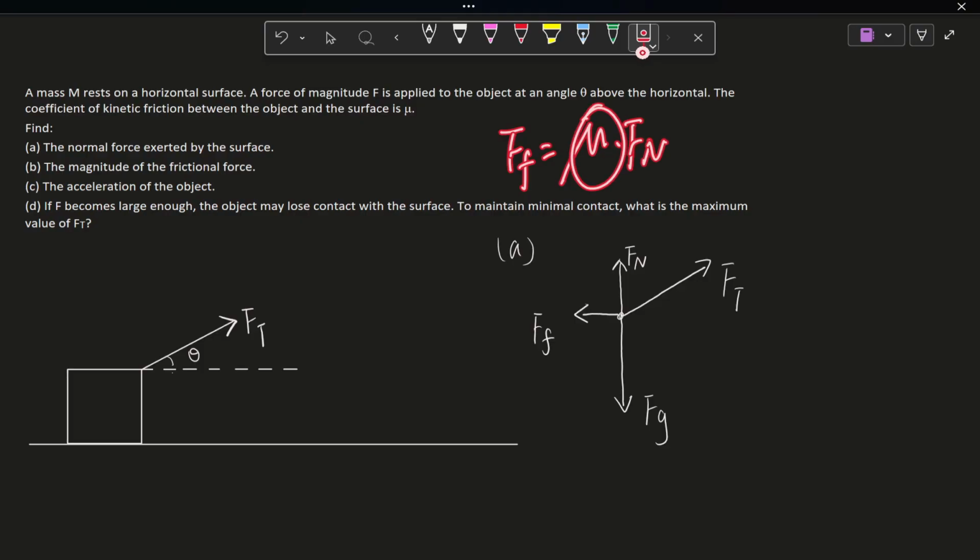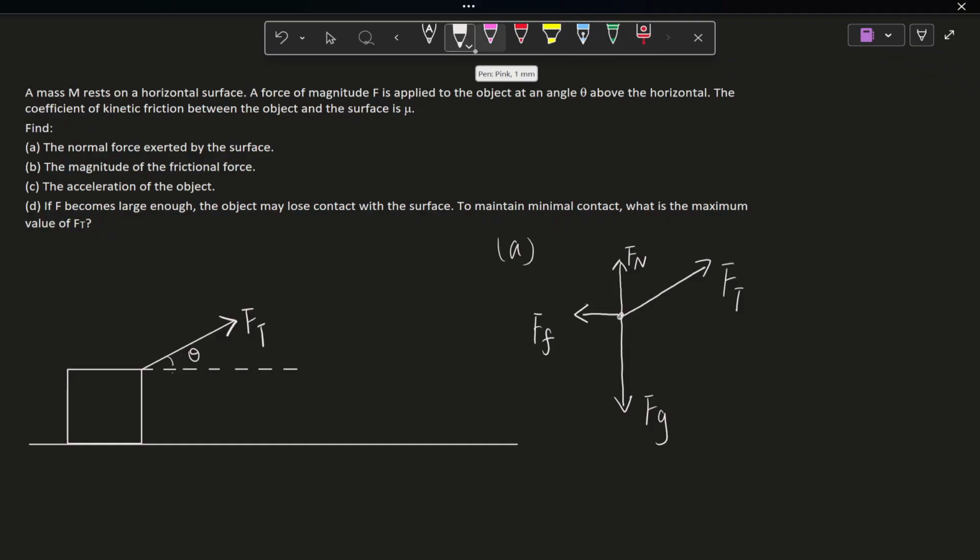And then mu will always be smaller than 1. So Ff will always be smaller than Fn. This is very important. If you didn't draw it correctly in your exam, your teacher would definitely not be nice to you. Okay, let's keep on going.